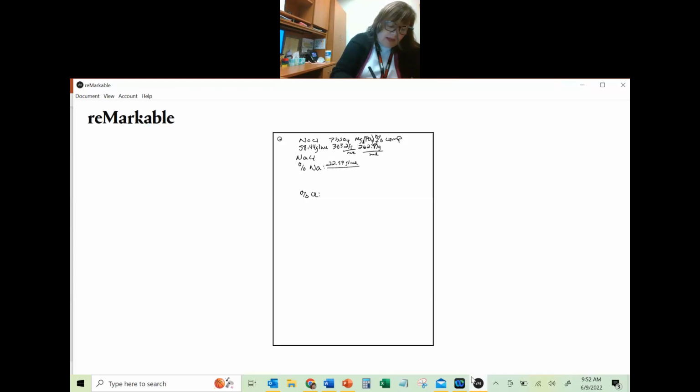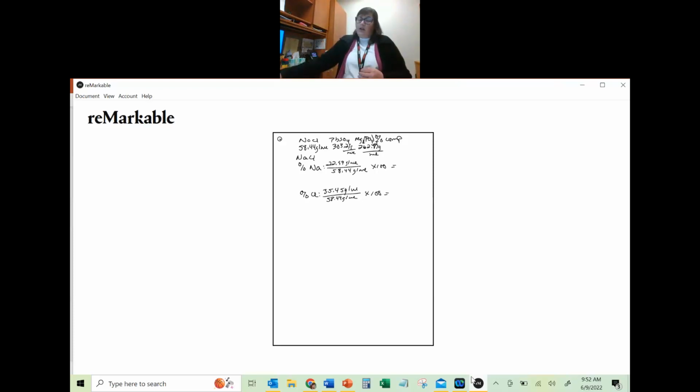I'm going to divide that by the total mass, 58.44 grams per mole, multiply that by 100, and that'll give me my percentage. For chlorine, it's a similar process: 35.45 grams per mole divided by the total mass times 100. So I've set up both of those calculations.